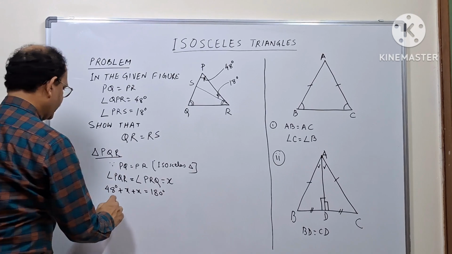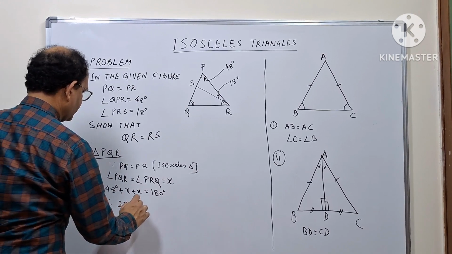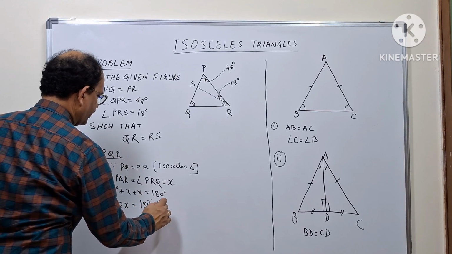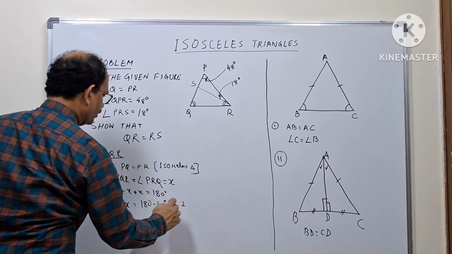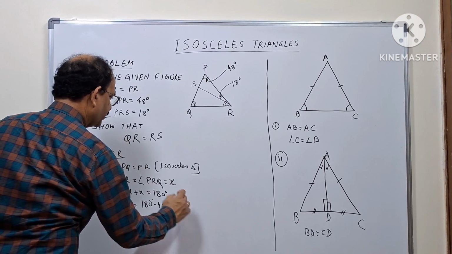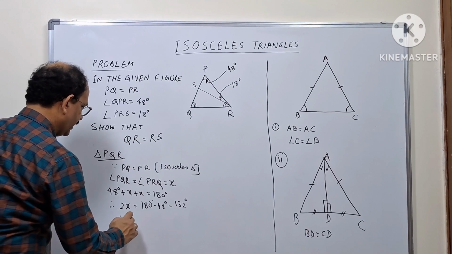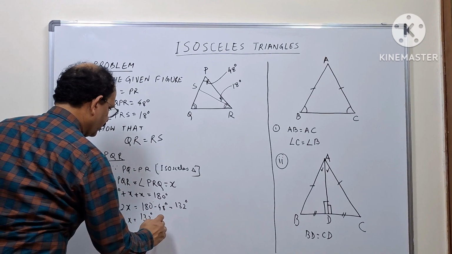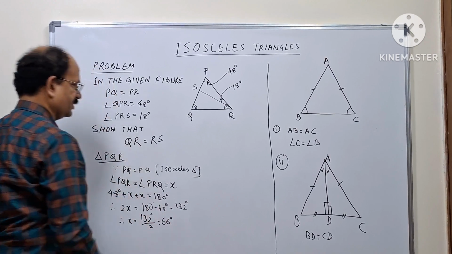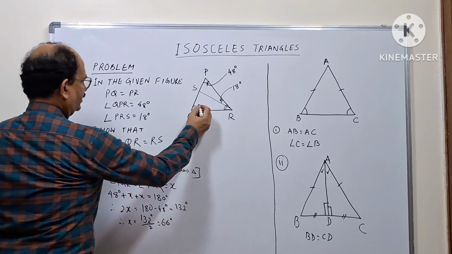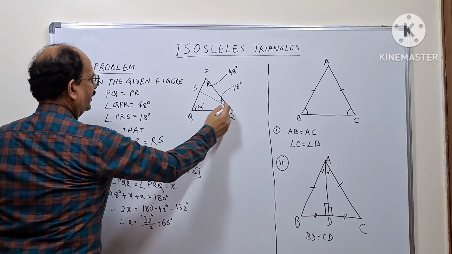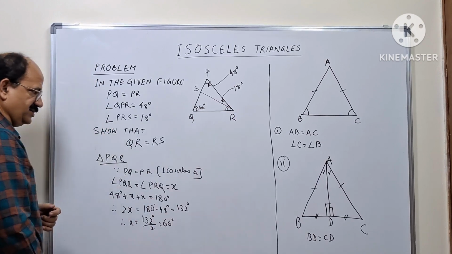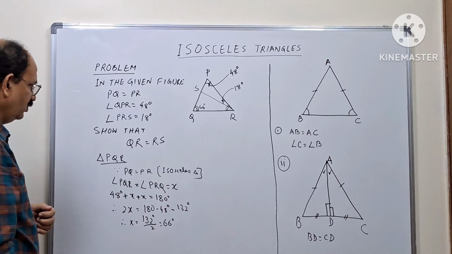And therefore we can write that 2X is equal to 180 degrees minus 48 degrees, and that will be equal to 132 degrees. And therefore X is equal to 132 degrees by 2, which will be equal to 66 degrees. So this angle is 66 degrees, and this angle is also 66 degrees.